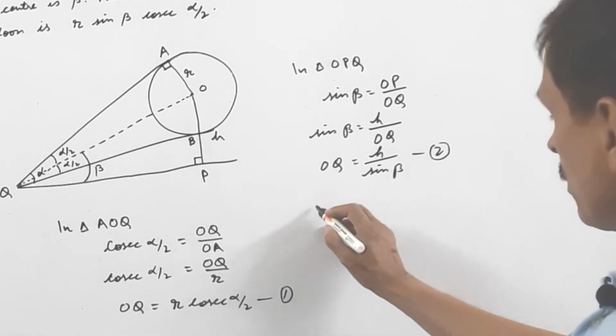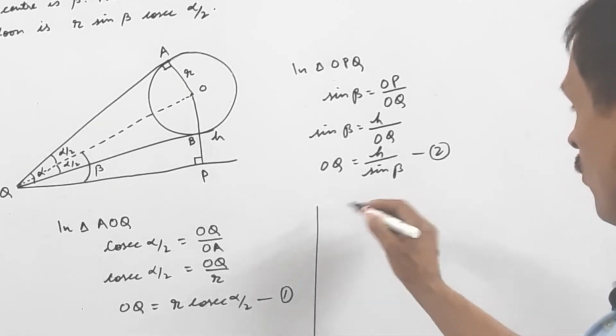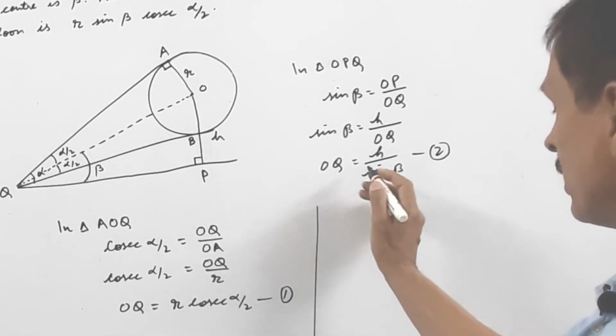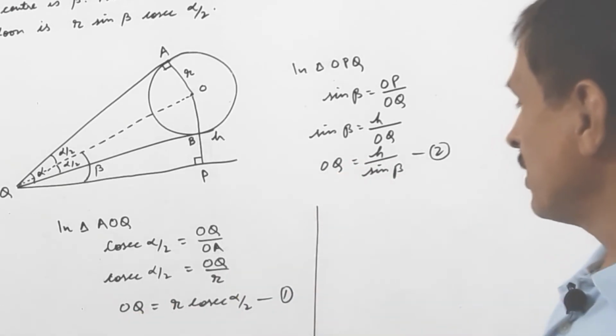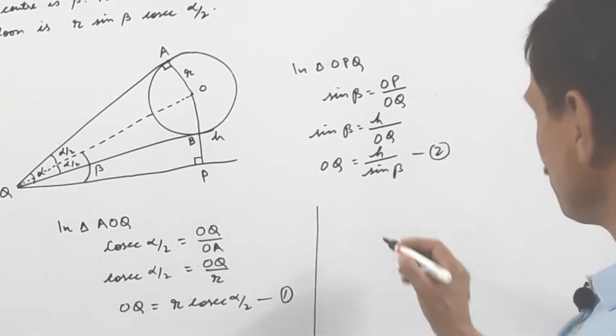Now we equate 1 and 2 because both have LHS equal to OQ.